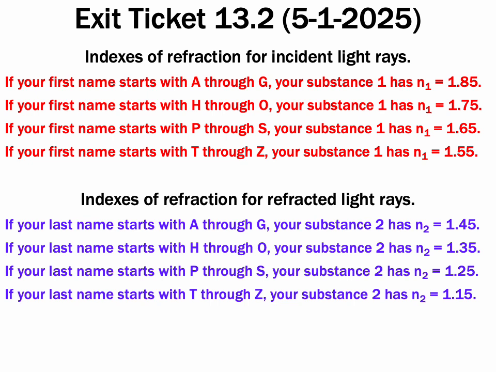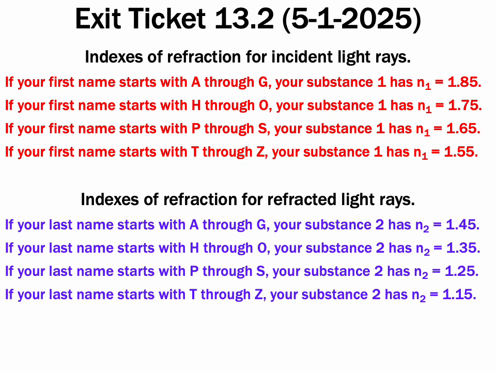Here are the instructions. So your index of refraction for the incident light rays, the incoming, is determined by your first name. And the refracted material, the outgoing material, is determined by your last name.